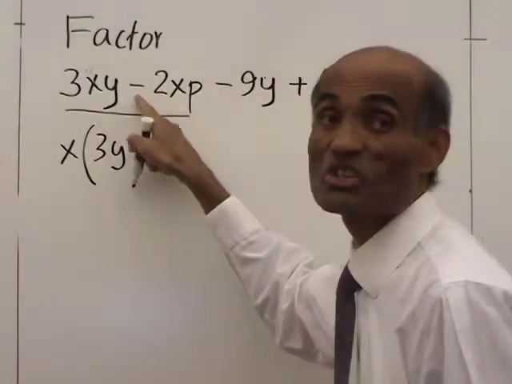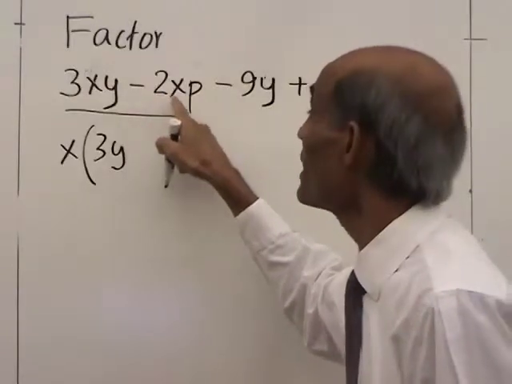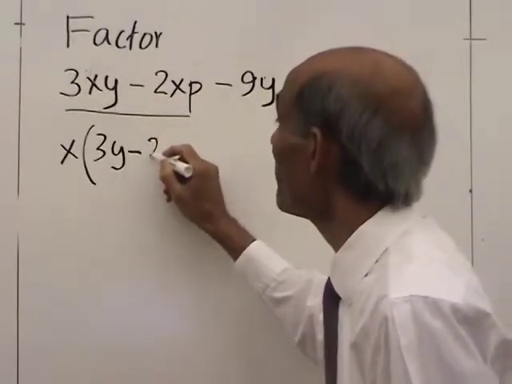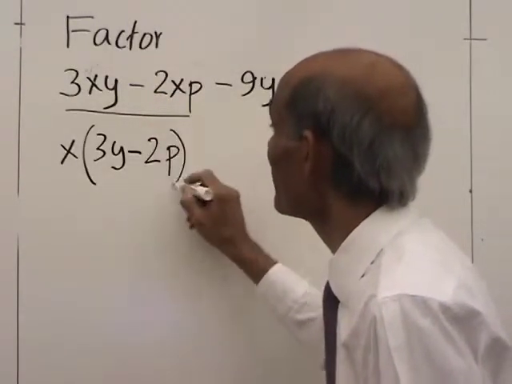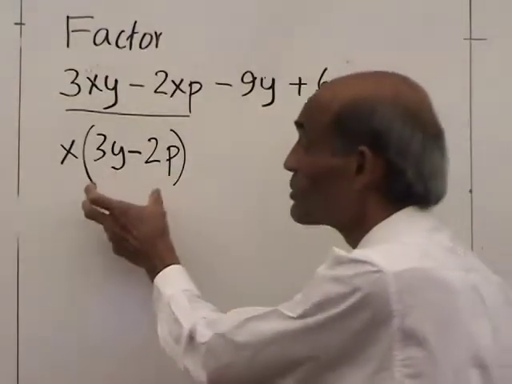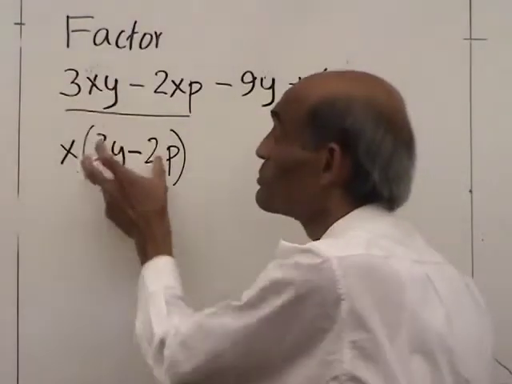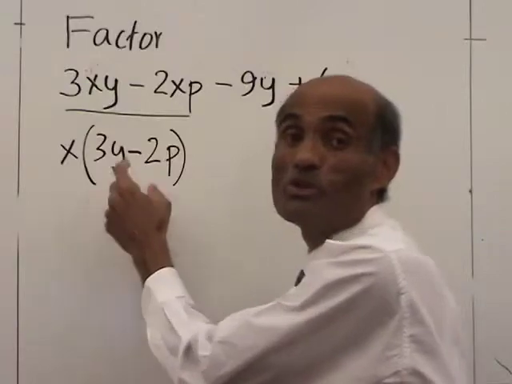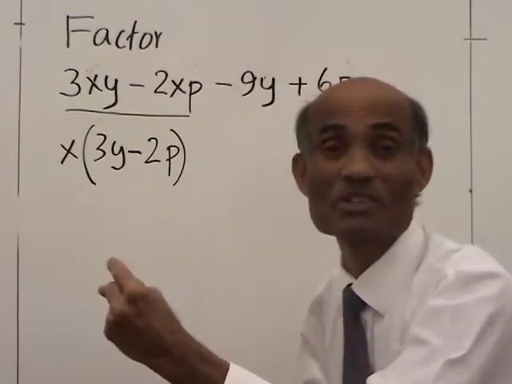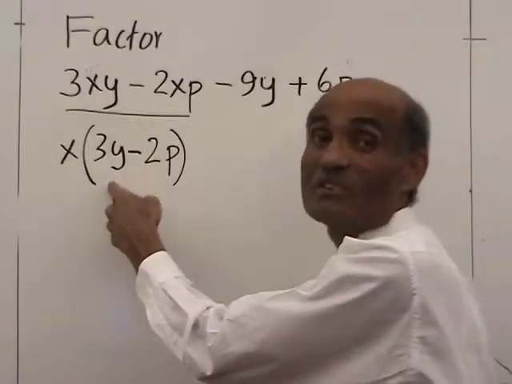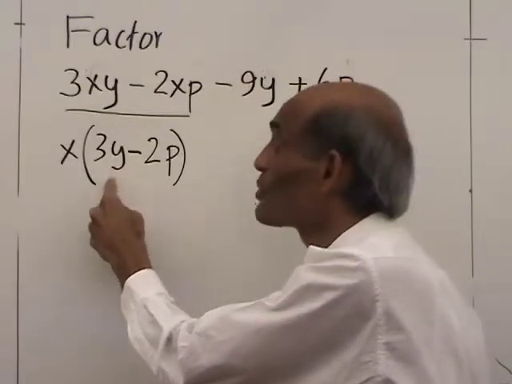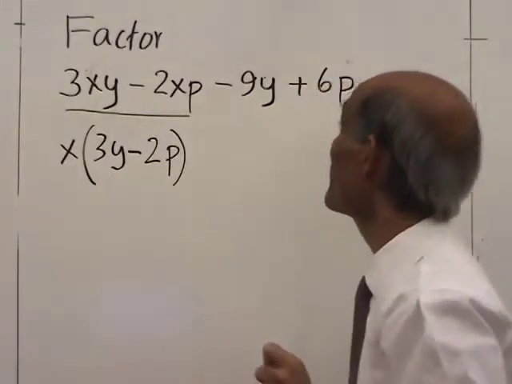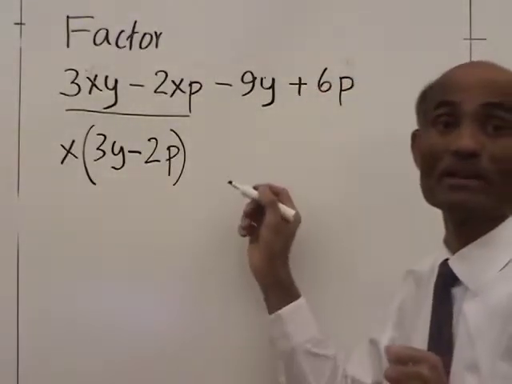What is left in the second term is minus 2p. Now, once you do the first group, you know what you're going to expect in the second group. You want in the second group also this quantity 3y minus 2p.